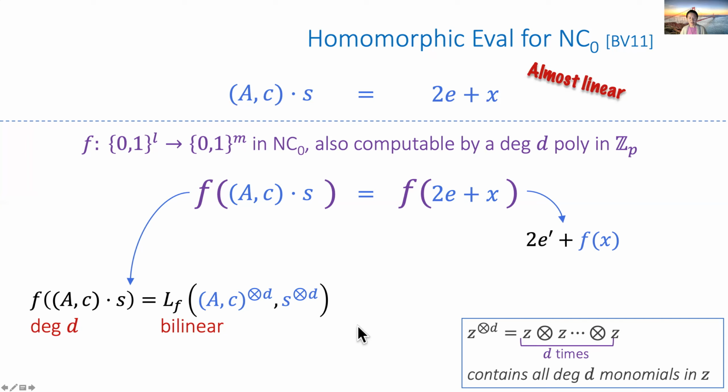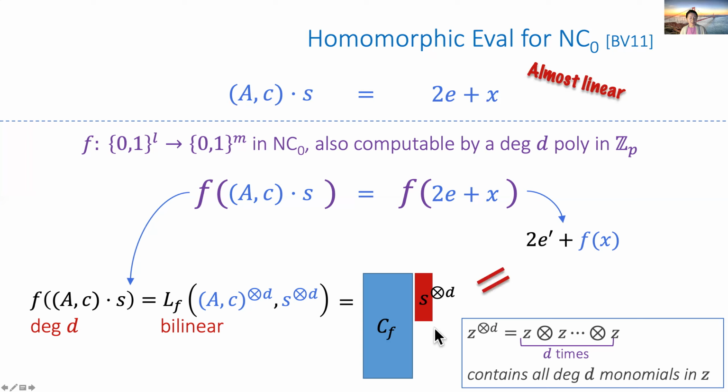And going even one step further, we can always write this bilinear function as the product of a matrix CF that depends on degree D monomials over A, C, together with S XOR tensor D times.